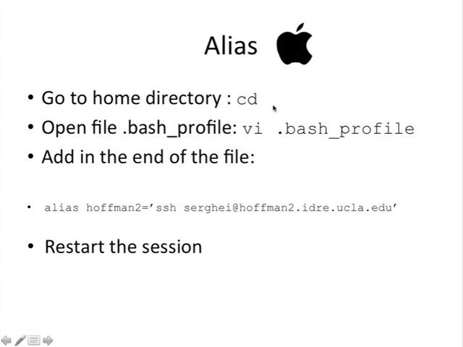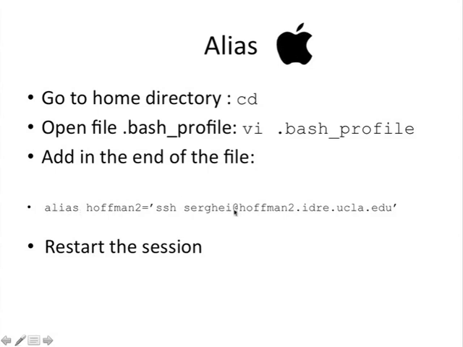If you want to do it, just follow me. On your local session, don't connect to the cluster yet. On your local session, do cd, make sure you're in the home directory. Then do the same thing as you did on the cluster yesterday: vi .bash_profile. If the file does not exist, which is the most probable, it will be created for you.